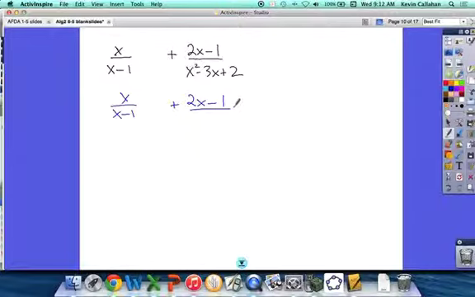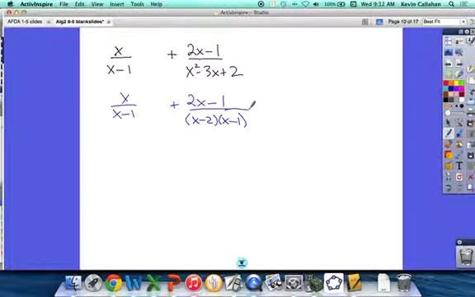The factors of 2 that add up to negative 3. Kyron? I didn't hear it. What did you say? Remember, since that's positive and that's negative, they're both negative. So what is it? Yep. x minus 2 times x minus 1.